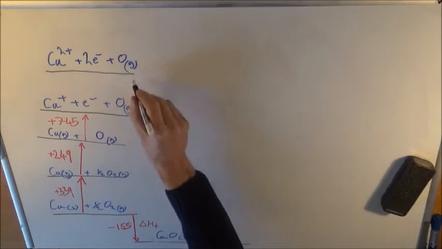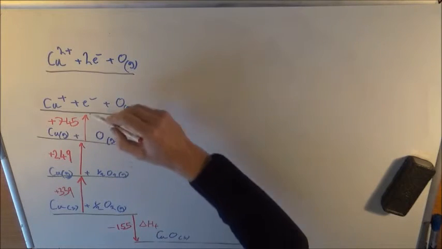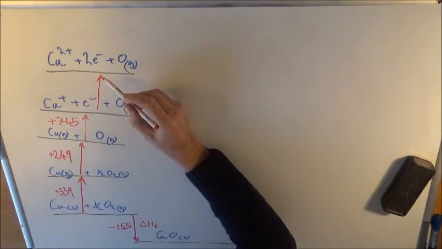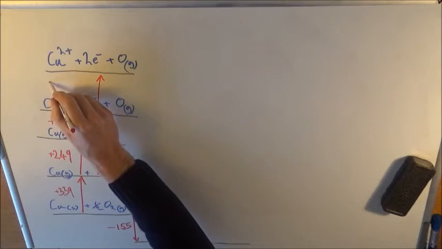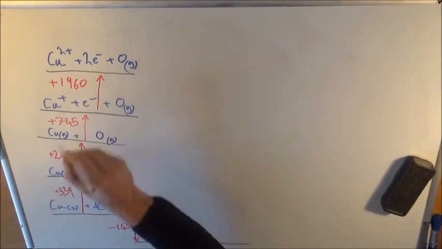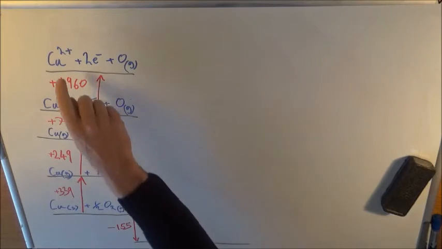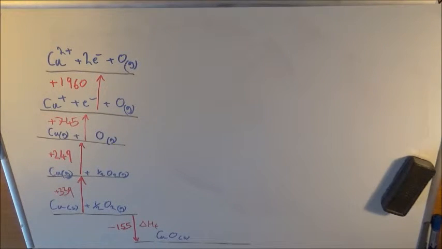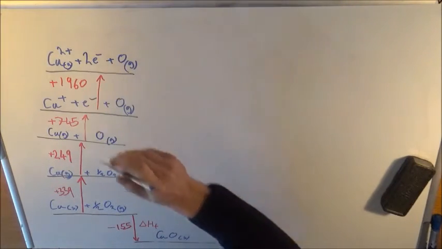So the change we have made corresponds to the second ionization energy of copper, and that is plus 1960 kilojoules per mole. And now we've made the mole of gaseous Cu2 plus ions.